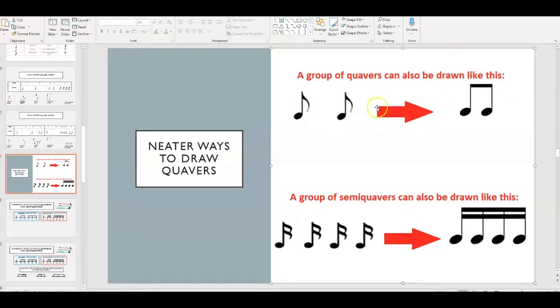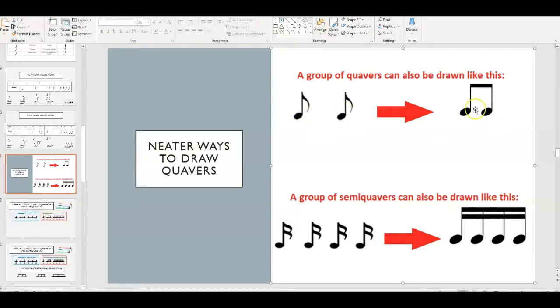Now, I would call this two quavers, but I would call this a pair of quavers. This is a group of semiquavers.